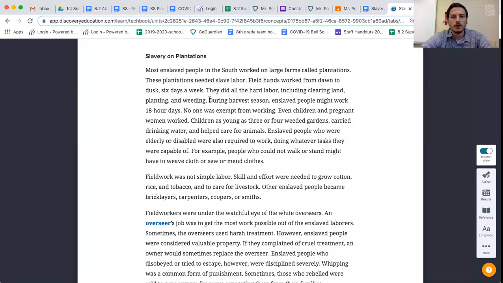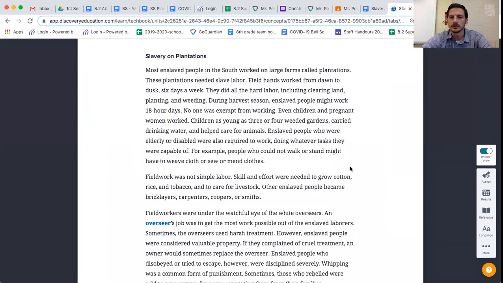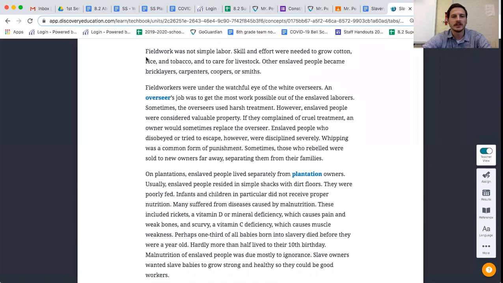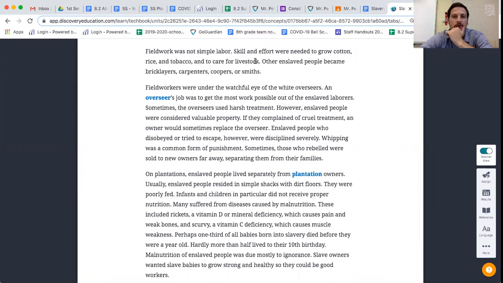I don't really need to put all these extra details because I'm just trying to give a summary so I can look through it, but I can tell you I've already looked through it and I think it's a little too specific. So I might be moving on to the next person, except I did notice there's one more paragraph that's about what enslaved people did. And I'm just going to take, I think the main point here, and I think this is important, is that it says that it wasn't easy.